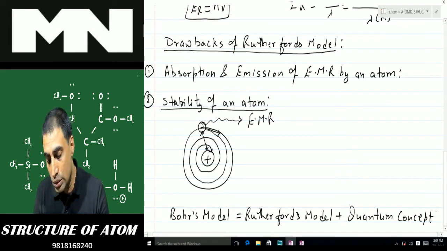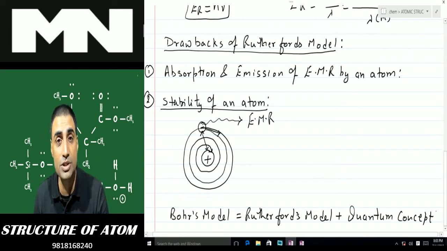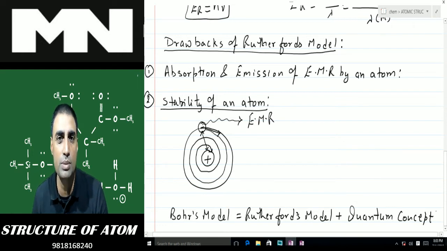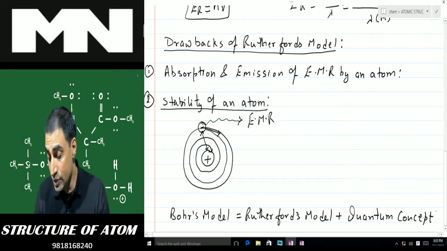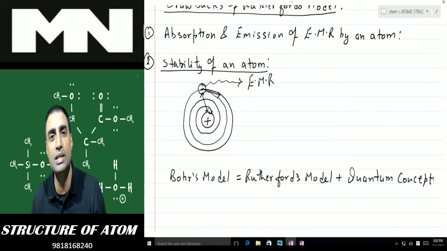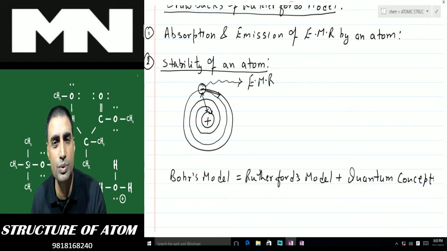Well, we know Rutherford's model, according to which an atom consists of a centrally placed nucleus containing protons and neutrons, and electrons revolving around the nucleus in circular paths known as shells. Now we'll see what the quantum concept is basically, because if we know the quantum concept, we can combine them together. We'll arrive at Bohr's model.